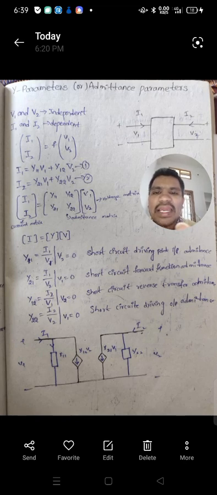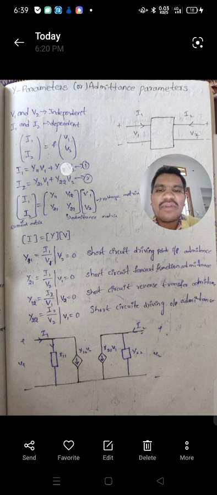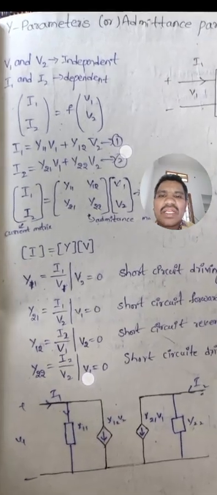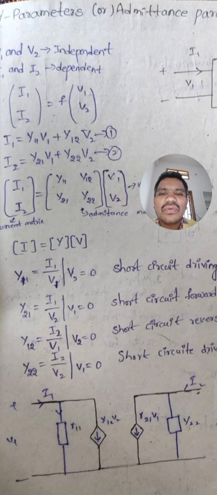And again I2 is depending upon V1 as well as V2. So that's why we have the two KVL equations: I1 is equal to Y11 V1 plus Y12 V2, and the second equation I2 is equal to Y21 V1 and Y22 into V2.